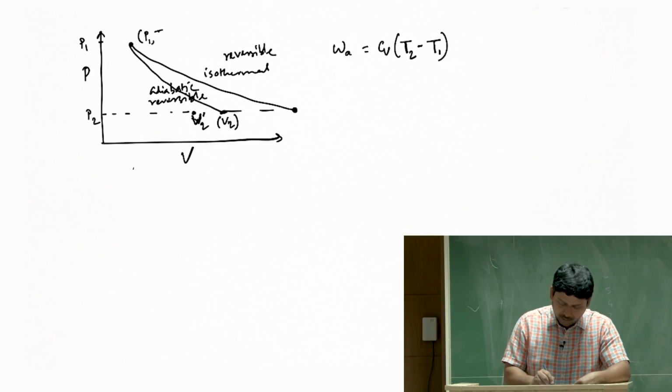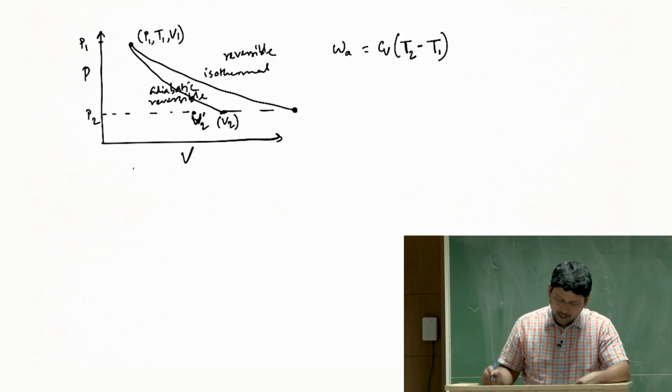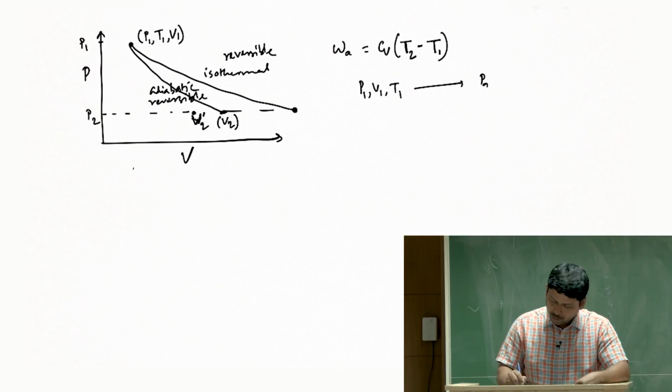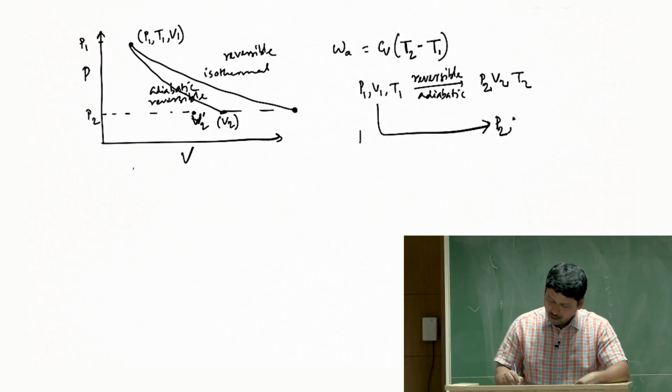So, let us say the initial point is P1, T1 and V1, and it is going to P2, V2 and T2 for the reversible adiabatic process, and it is going to the same final pressure, but maybe a different volume V2 prime and different temperature T2 prime in the irreversible adiabatic process.